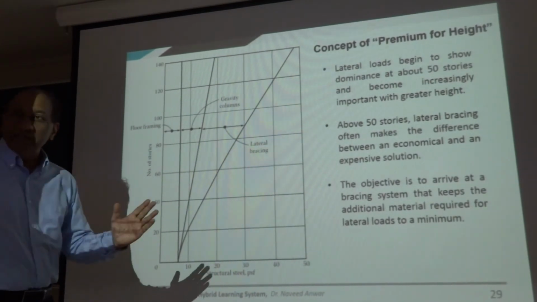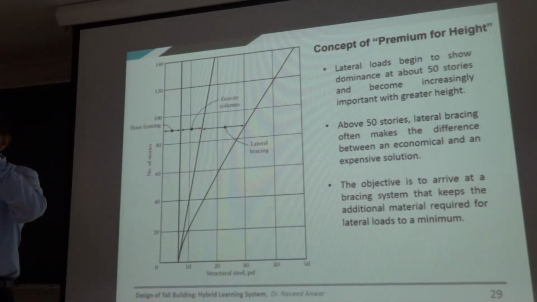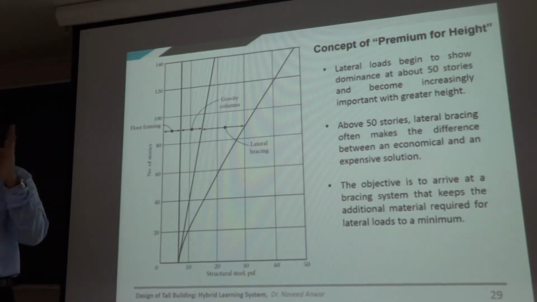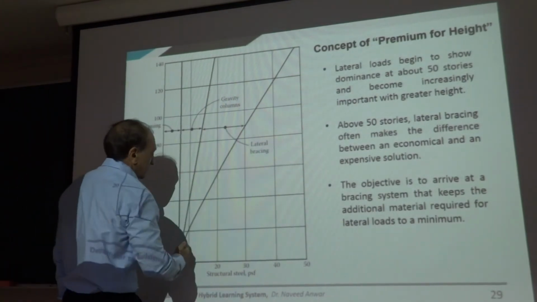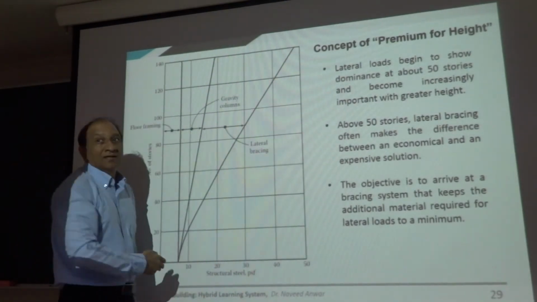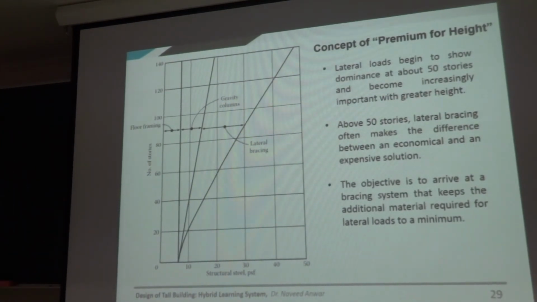That is why you see all these tall buildings reducing in size at the top, because as the wind pressure is increasing, they are reducing the area exposed to wind, trying to keep the forces straight and trying to avoid this curve and trying to make it linear so they can go higher, right?